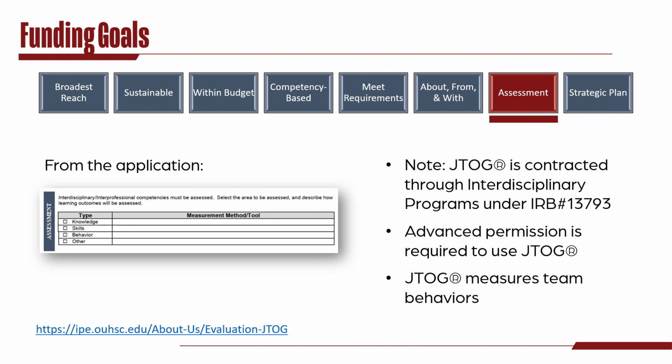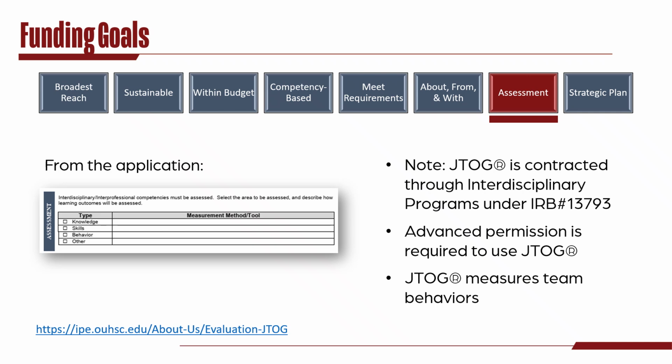Next, we have a goal of ensuring educational assessment is completed. On campus, we are committed to an evaluation plan measuring participant outcomes through team behaviors using the Jefferson Team Observation Guide, also referred to using the acronym JTOG.